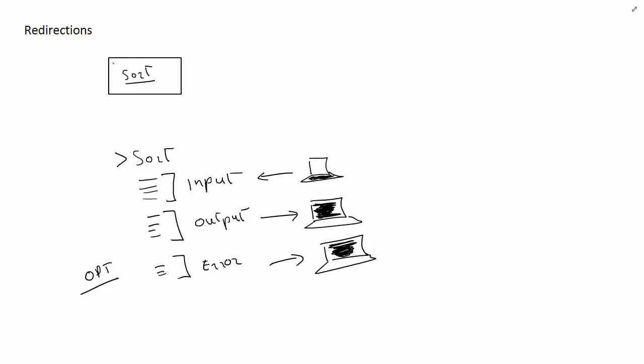Among all those possible open files, the first 3 entries of that table, index 0, 1, and 2, have a very special meaning. 0 is, by default, connected to something called STDIN, standard input. I'm going to represent it like that.